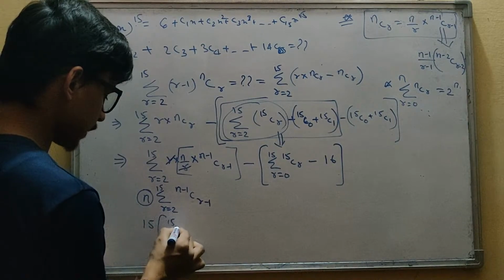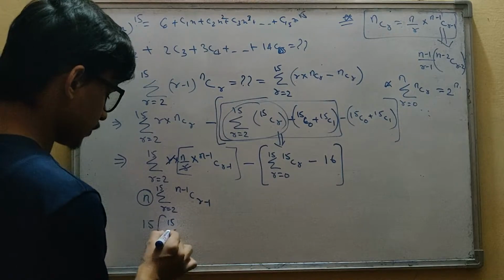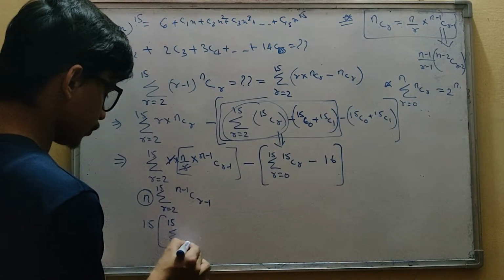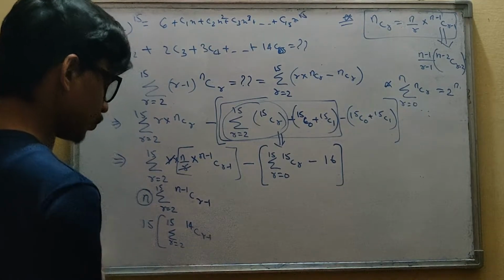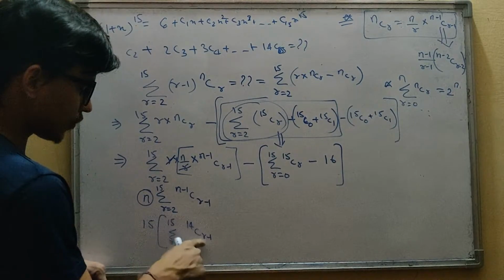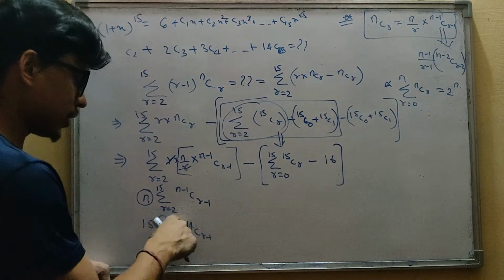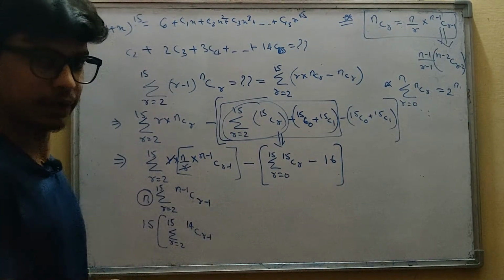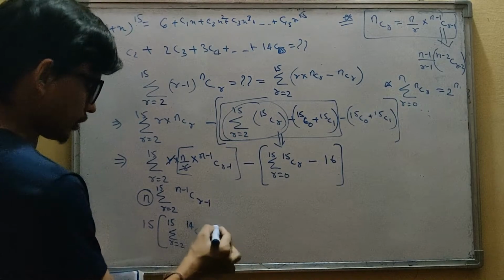So 15 summation, r equals 2 to 15, of 14c r minus 1. Remember that if you put r equals 15 over here, it is going to be 14, so it is not going like r is greater than n. This will not happen. I will tell you later.